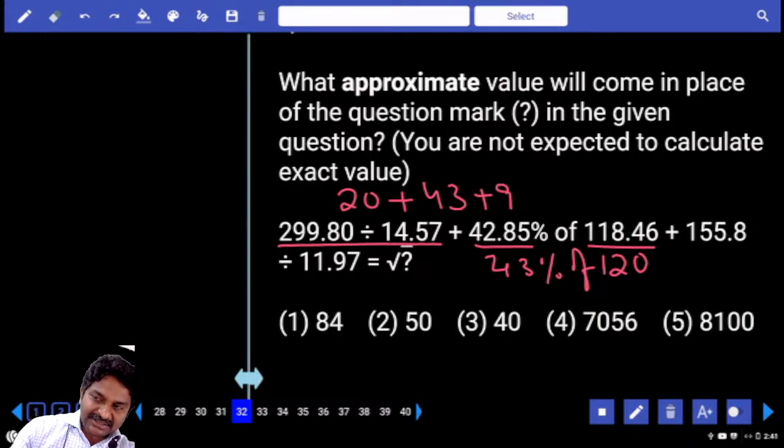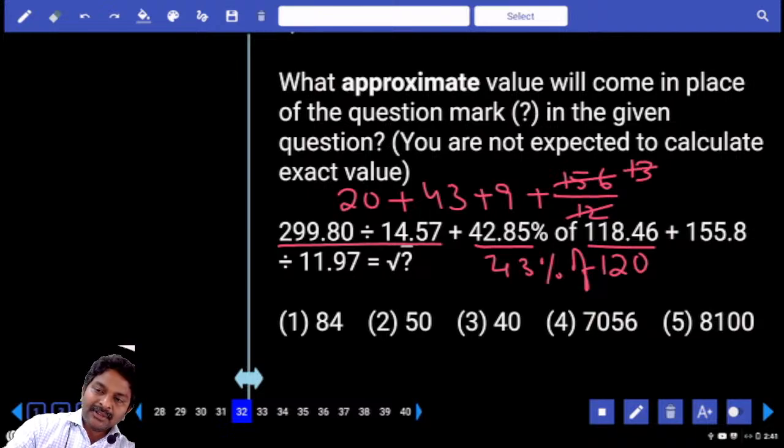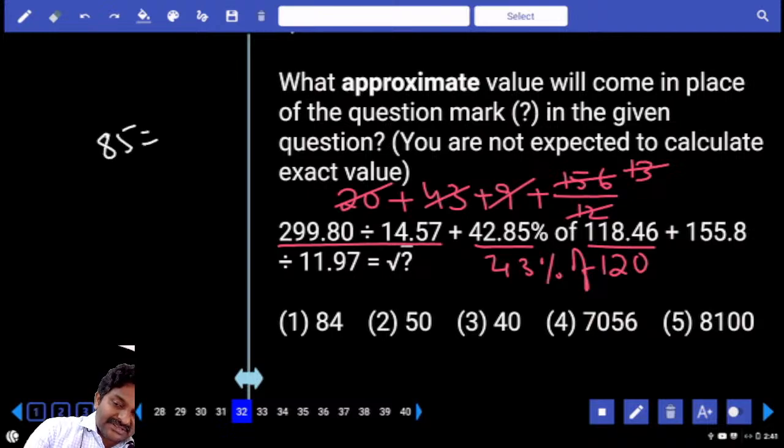We can write it as 9 plus 156 divided by 12. This is equal to 13. 13 plus 9, 22. 22 plus 43, 65 plus 20, 85. Which is equal to root x.